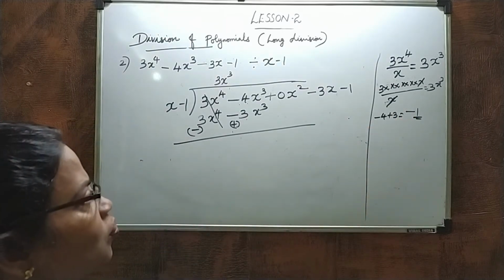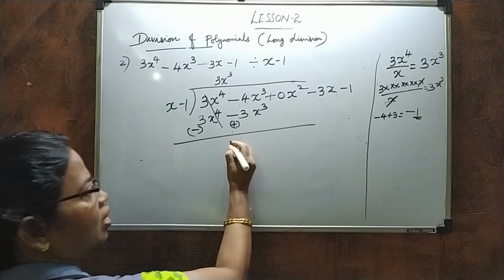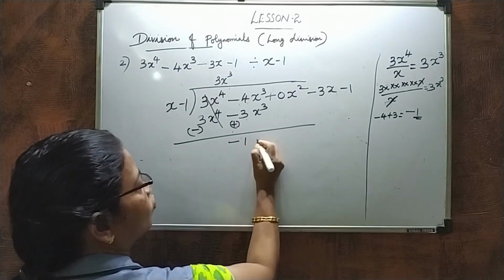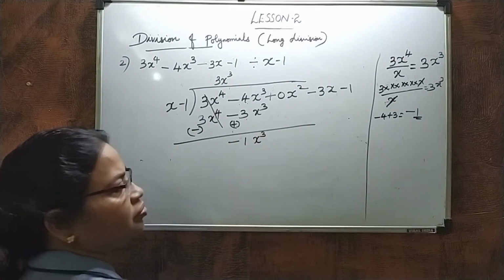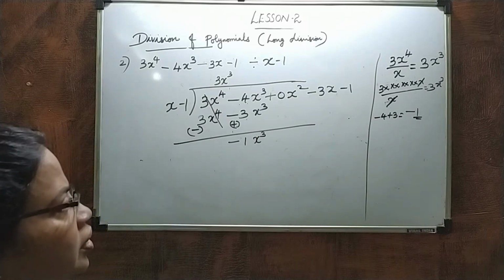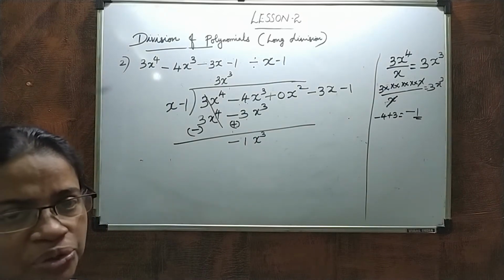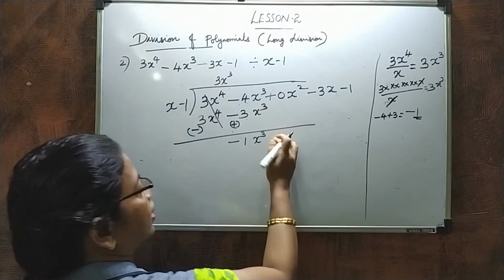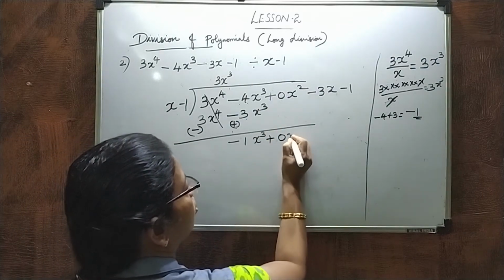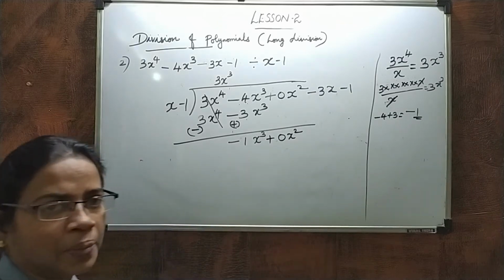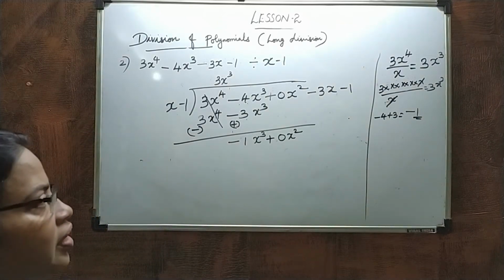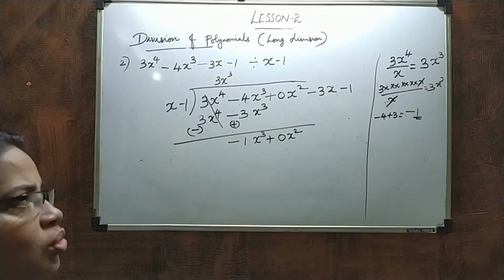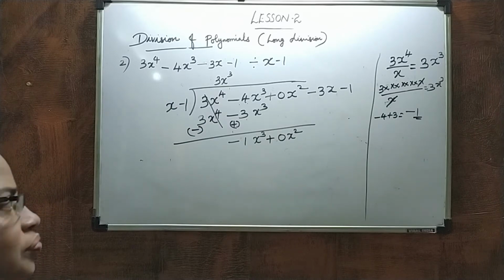So, negative 4 plus 3, you got negative 1. Negative 1 and then write the variable. After subtraction, what are you going to do? Always take the next term down. Here it is plus 0x square. Negative 1 into x cube plus 0x square. Only one time you have to take it down.